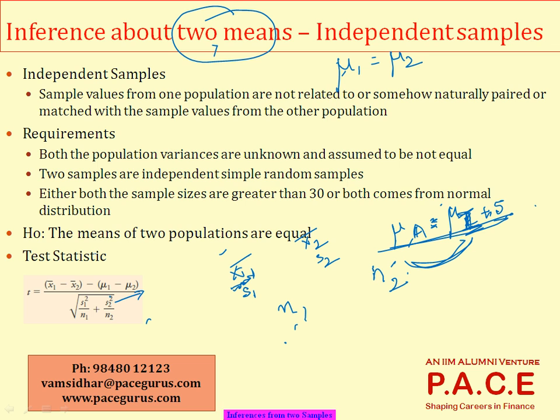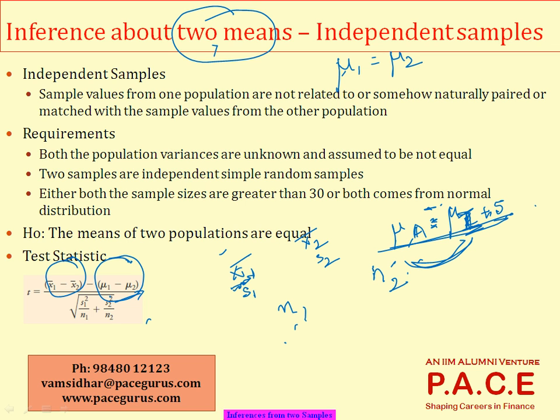So the t statistic is going to be the difference between the two sample means, x1 bar and x2 bar, minus the difference between the two hypothesized population means, mu1 minus mu2, probably 5 centimeters in this example. But if I talk about equality between the two populations, then the difference is 0. The mechanism is the sample mean difference minus the hypothesized population mean difference, divided by the standard error.